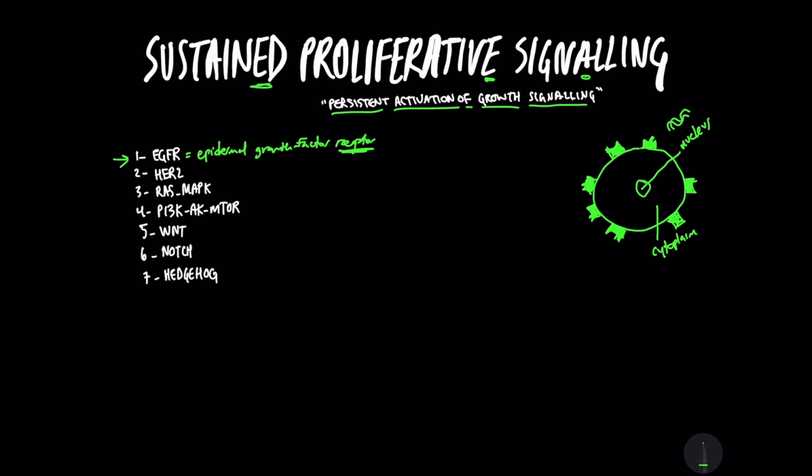And what these can do is send a signal to the cell, outside-in signaling, right? If something binds to this receptor, then we have activation of all these signaling pathways inside the cell. Two of these are listed here, the RAS MAPK and the PI3K AKT mTOR. These two pathways exist within here.